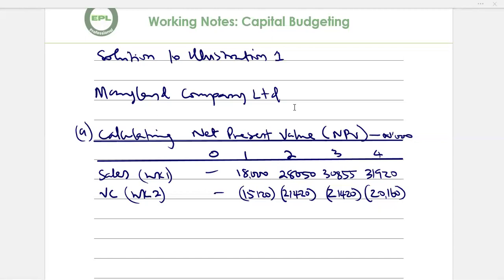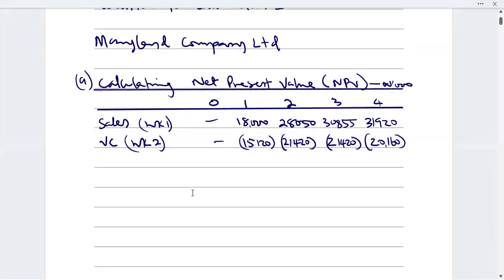If not because of the introduction of this new product, the company will not lose that contribution. Therefore, the cost of the contribution loss should be part of the cost of the project. So let us go and do working for that. Contribution loss, working number 3.